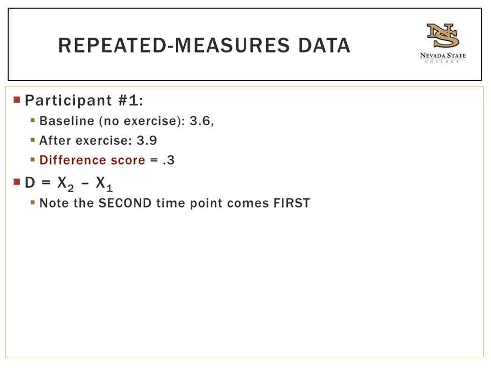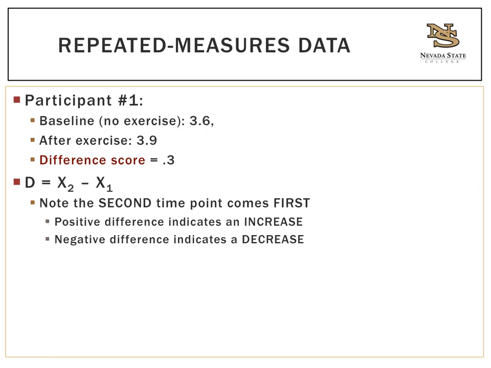This is because when you get a positive difference score, like this 0.3, it indicates an increase. And remember, in this case we're looking for an increase, so that 0.3 is good. A negative difference indicates a decrease. So let's say, for example, that participant 2 went from a 4.0 to a 3.5.